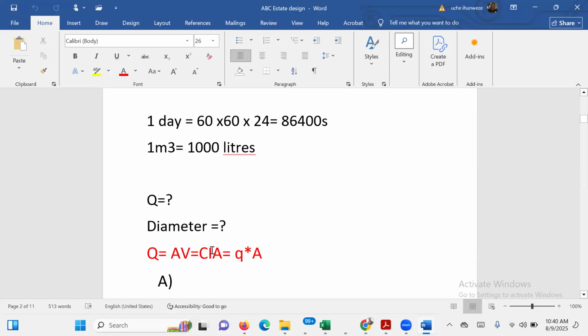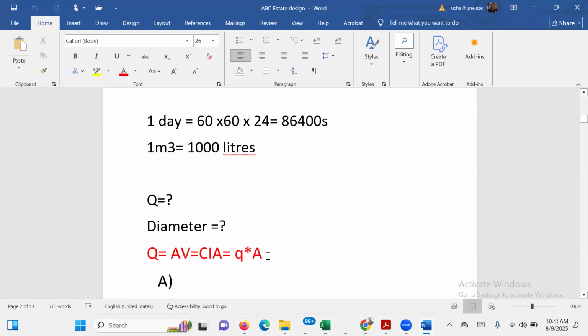Then, if it is rain, when we will be doing sewer and stormwater in the next 2 weeks, it will be CIA, where C is the coefficient of runoff, I will be the rainfall intensity, and A will be the land area. So what this is telling us is that engineering is the same.